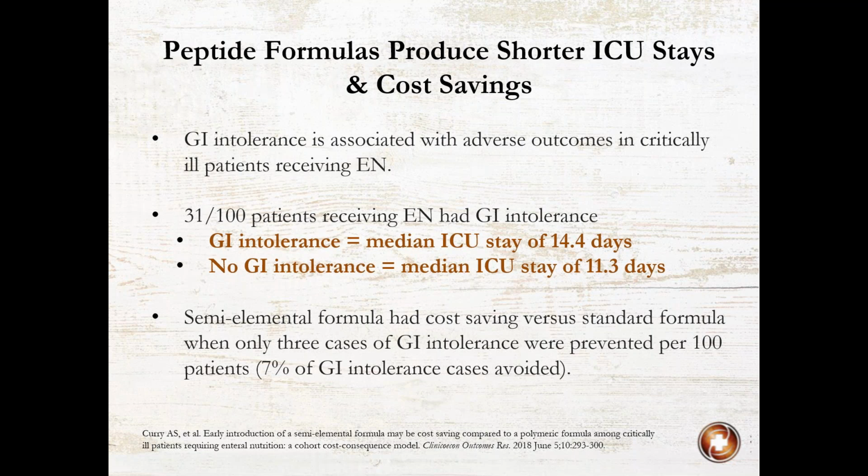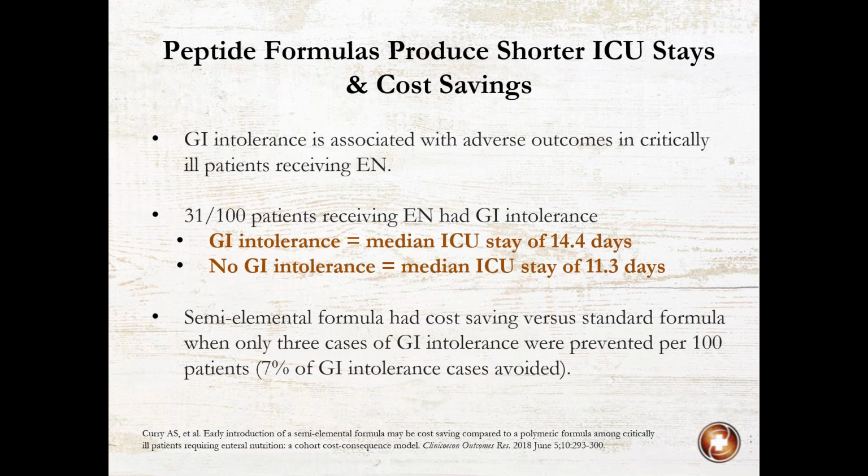So definitely reducing the days of ICU stays can significantly reduce costs. And in this specific study, they saw that the peptide-based formulas decreased those costs by 20%, which is pretty significant. And that was due to the fact that there was less days in the ICU due to GI intolerance.